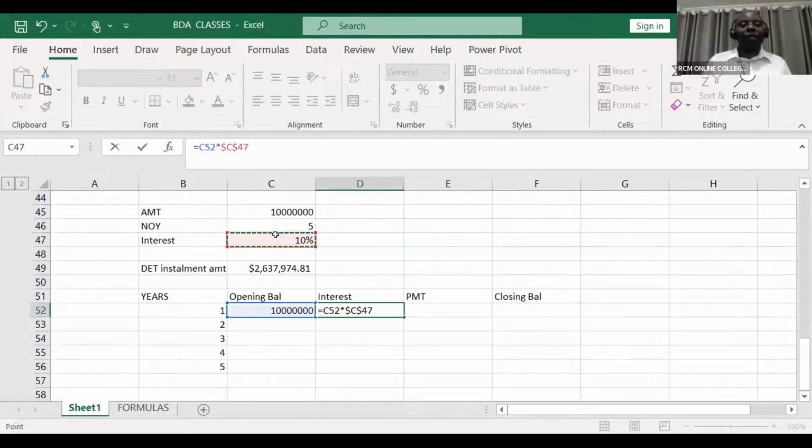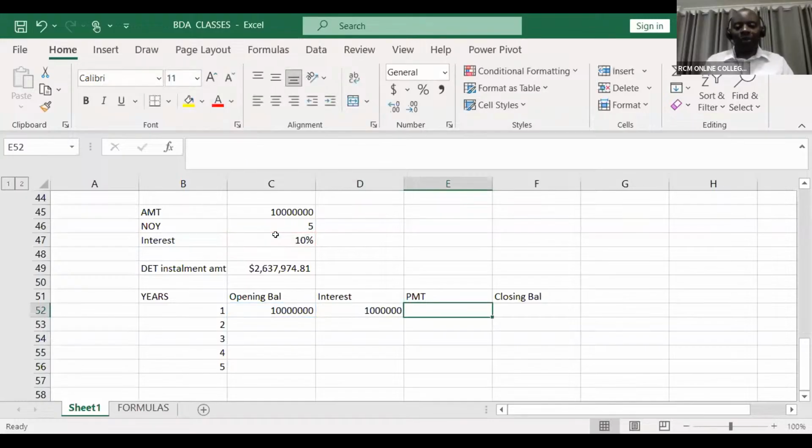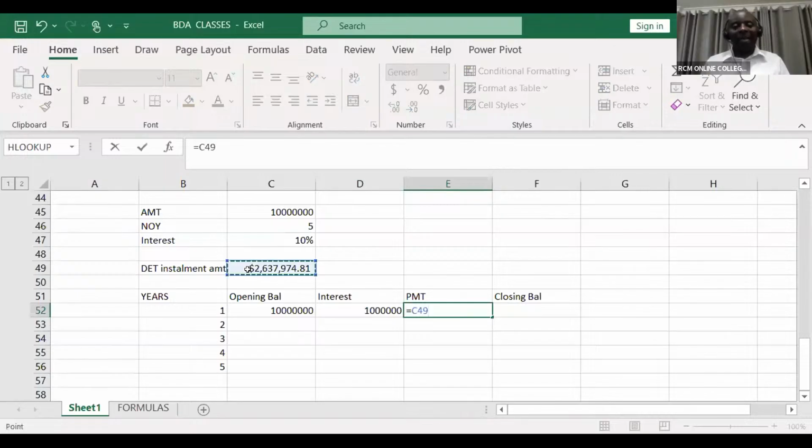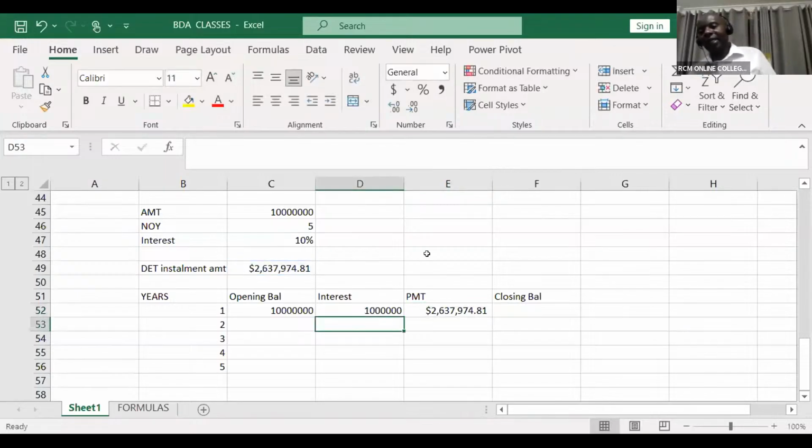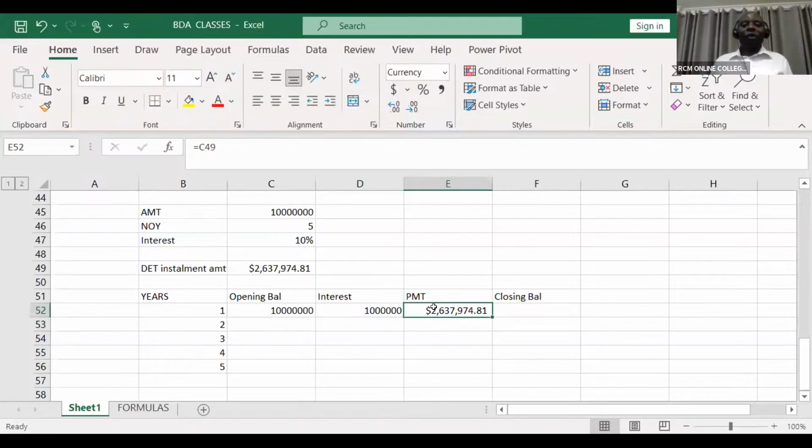So then what do we do with that? Thank you so much. Great. Go to PMT. You're picking some figure there. Equals, you pick it and lock it. I mean, lock it. How do you say enter without locking it? You have to lock it. So go to that C49 up there, or pick it again. Equals. I'm going to say equals again, you pick it.